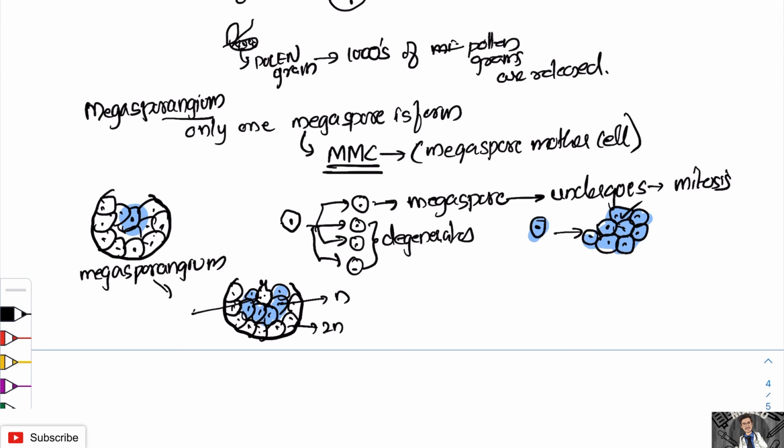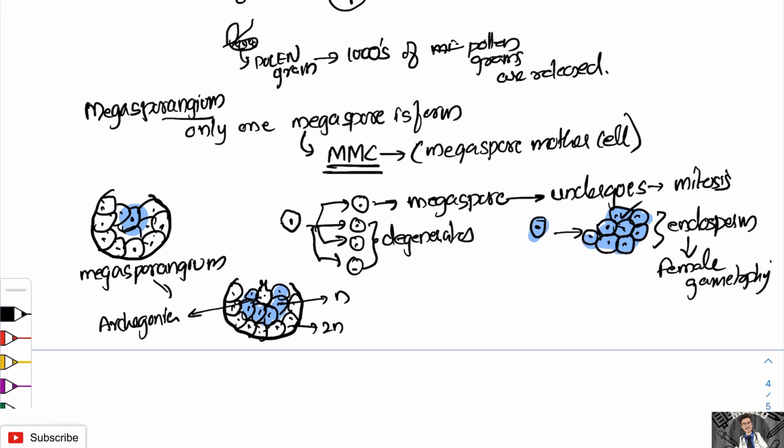Okay, this is the archegonia. All right, and the rest of the cells are known as endosperm, and this is the female gametophyte. So are you getting the concept?